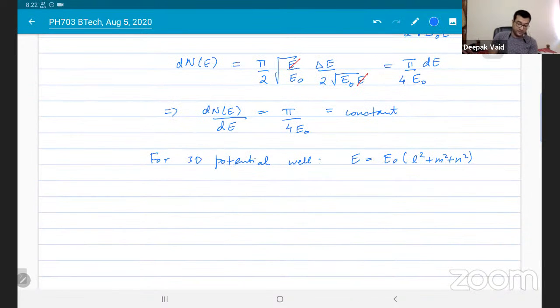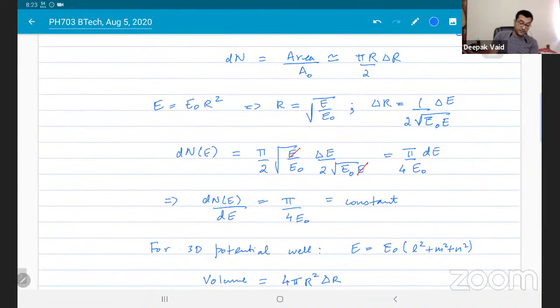And again, we would repeat the same procedure, but now instead of an area, we would get a volume, right? And the volume of the shell would be 4 pi r squared delta r, right?